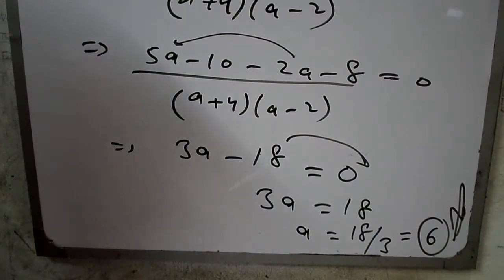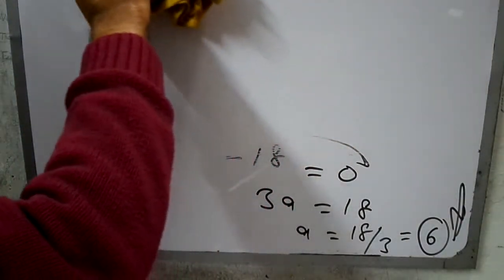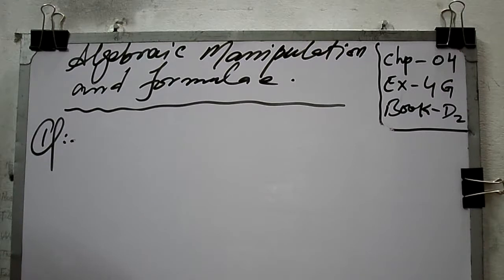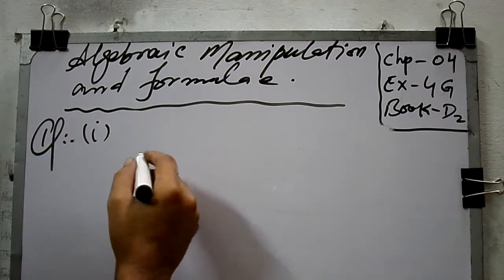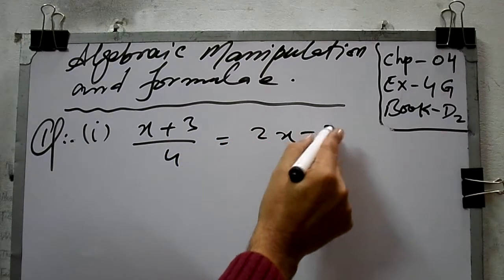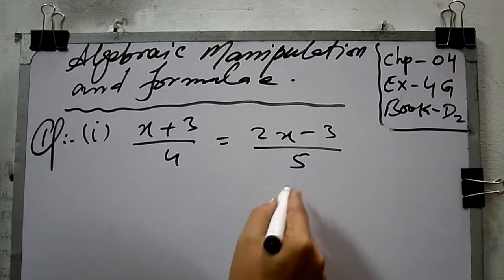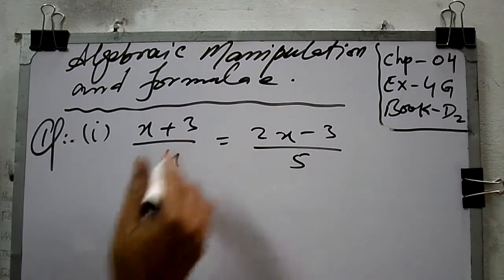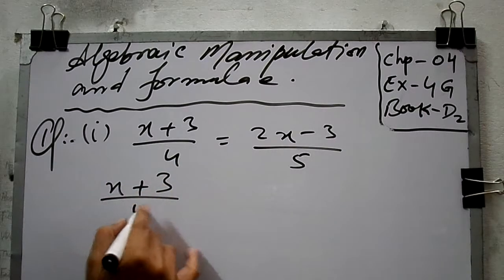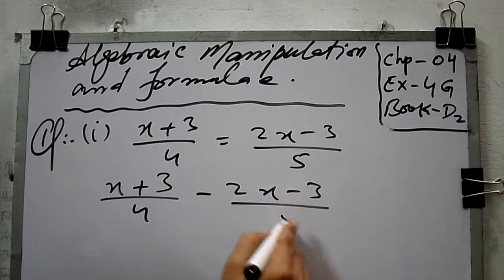Now coming to the I part. x plus 3 divided by 4 is equal to 2x minus 3 by 5. So shift here, x plus 3 divided by 4 minus 2x minus 3 by 5 is equal to 0.